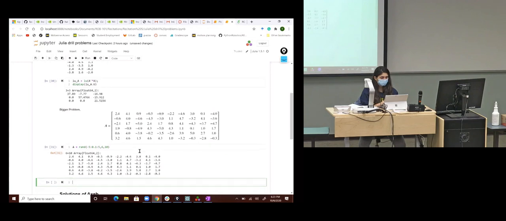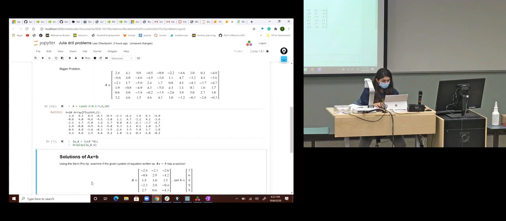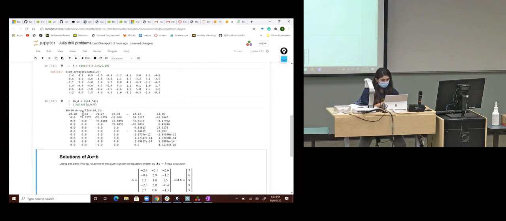Again, if I have to look at the LU factorization, I'll do this. It's going to be a really big matrix. Yeah, it's a 10 cross 10 matrix. It's really hard to see what's happening there.